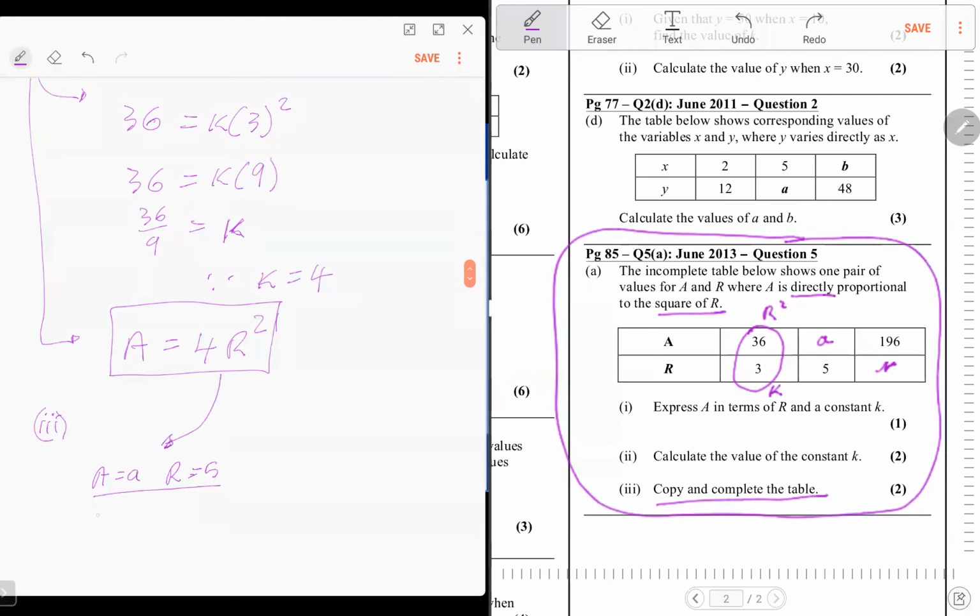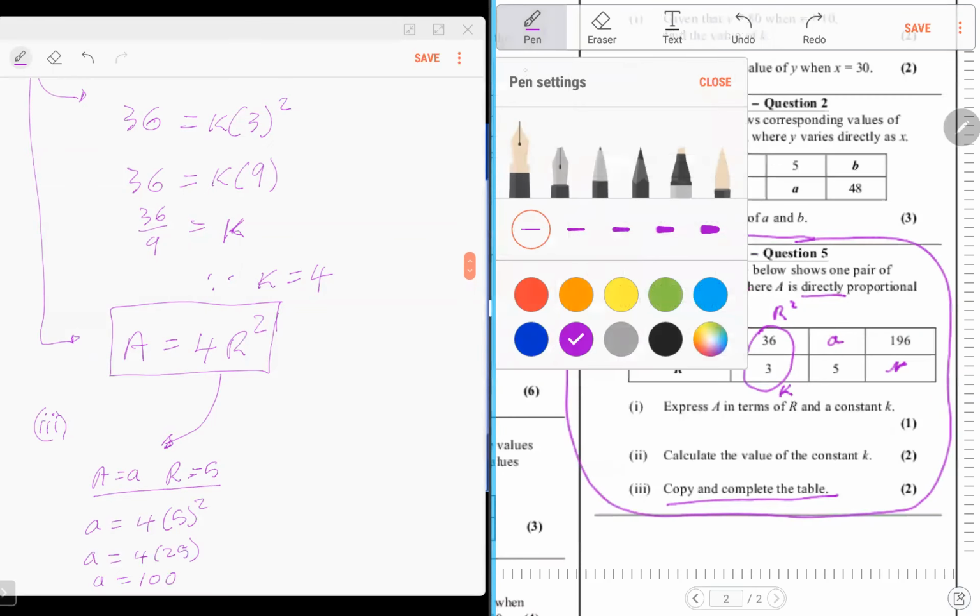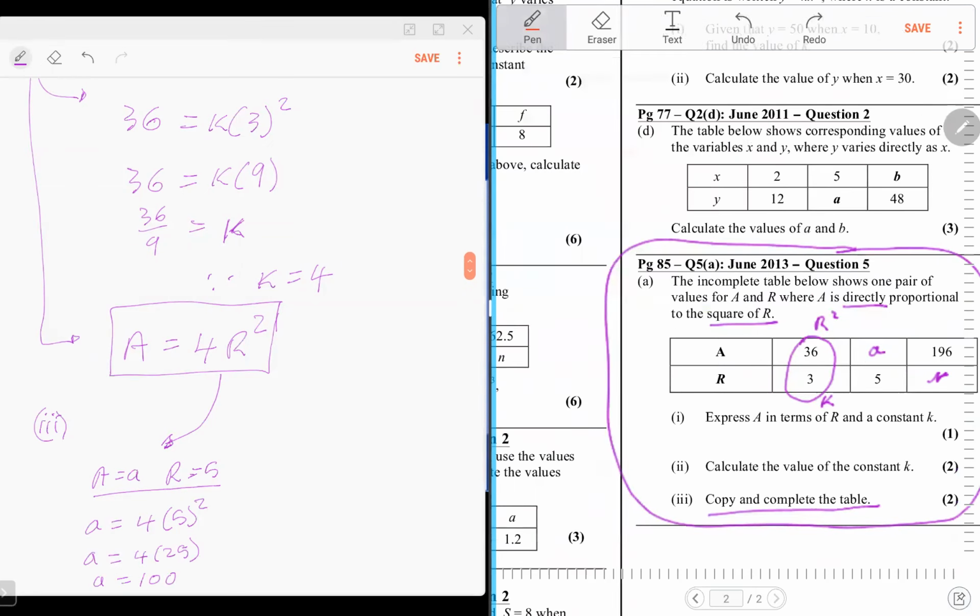You're going to see that small a equals 4 times the R, which is 5, so you get 5 squared. So the small a is equal to 4 times 25, and 4 times 25 is 100. So the a is 100. Therefore you could put 100 in the table right here.